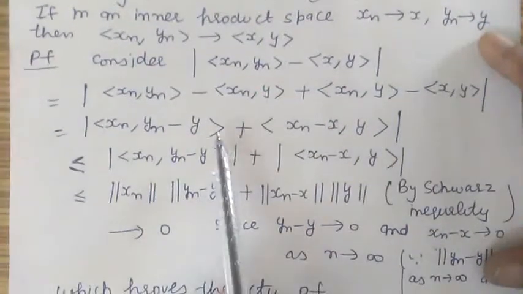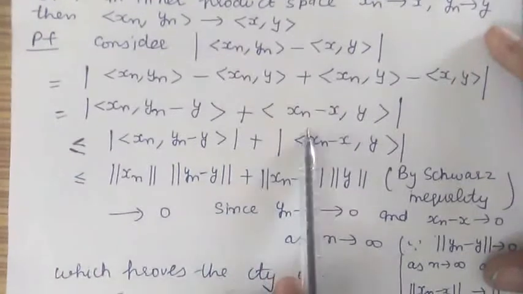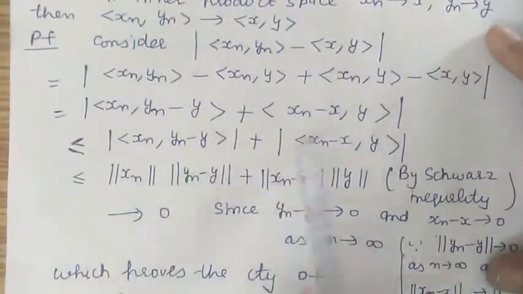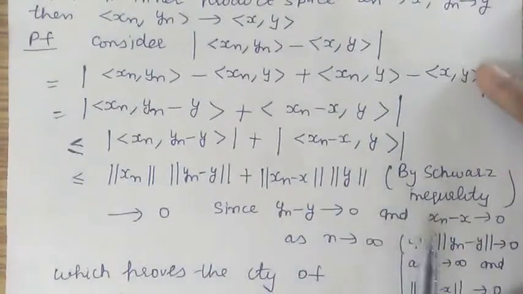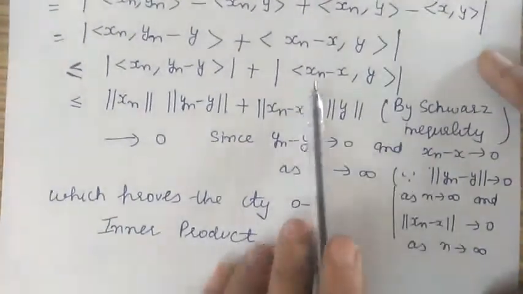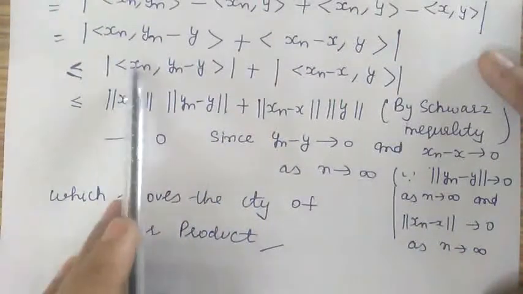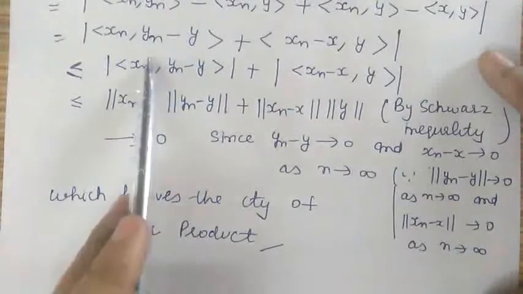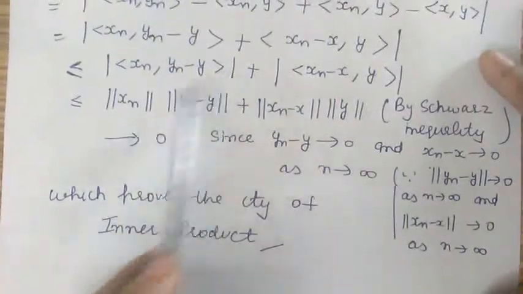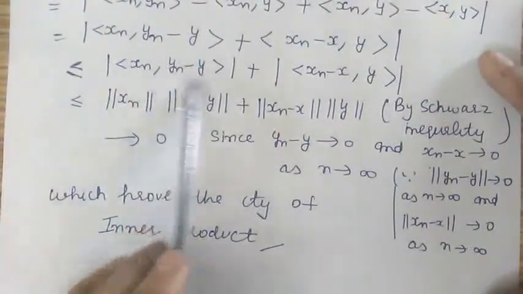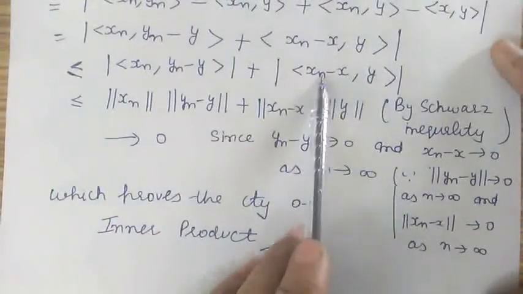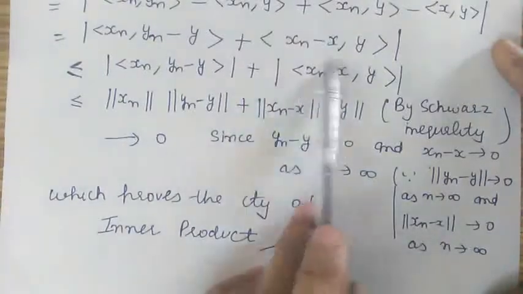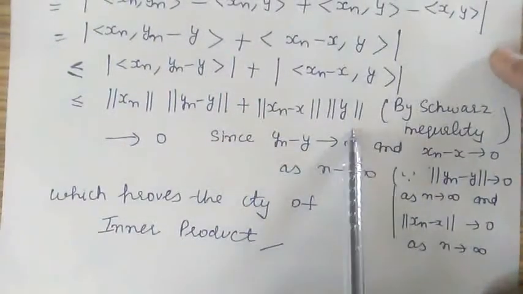Now by using the triangle inequality of real numbers, this is less than or equal to the modulus of this number plus the modulus of this number. Using the Schwarz inequality, the inner product of x with y is less than or equal to ||x|| ||y||. So this will be less than or equal to the norm of this times the norm of this. In the same way, using the Schwarz inequality, this modulus will be less than or equal to the norm of this number times the norm of this.